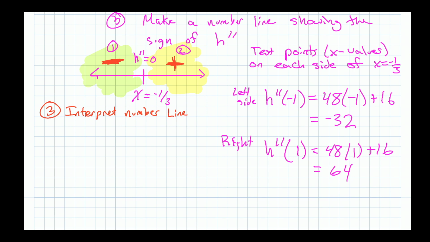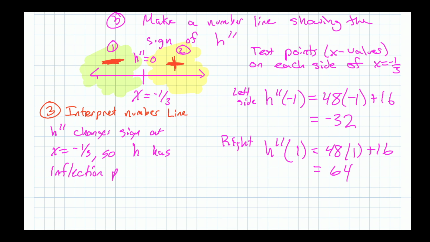We see that the sign changes. H double prime changes sign at x equals -1/3. So h has an inflection point at x equals -1/3. That's the interpretation.